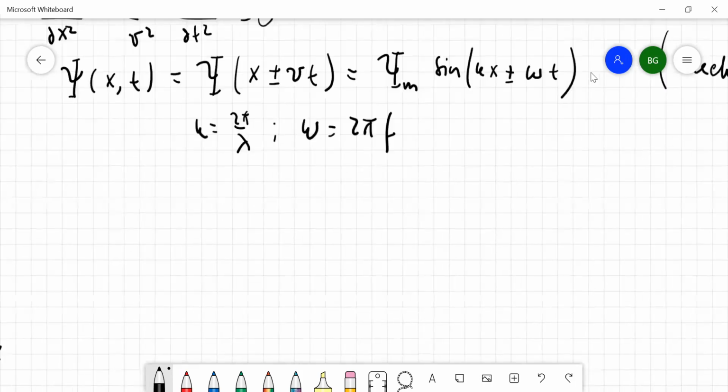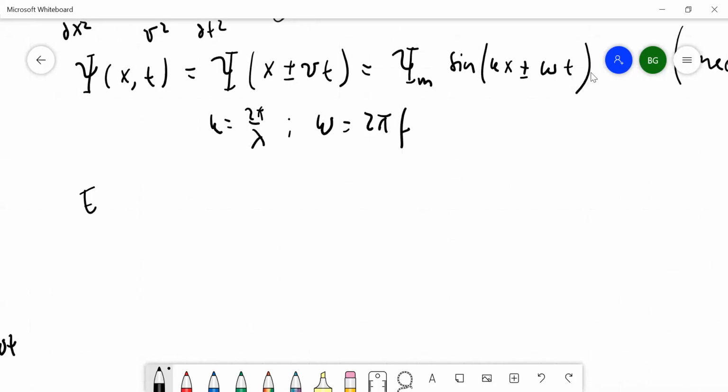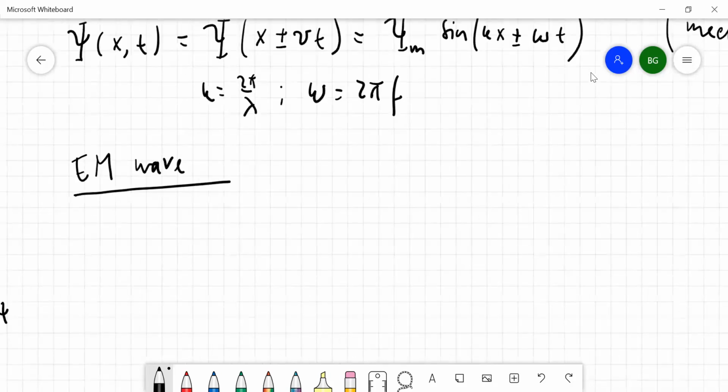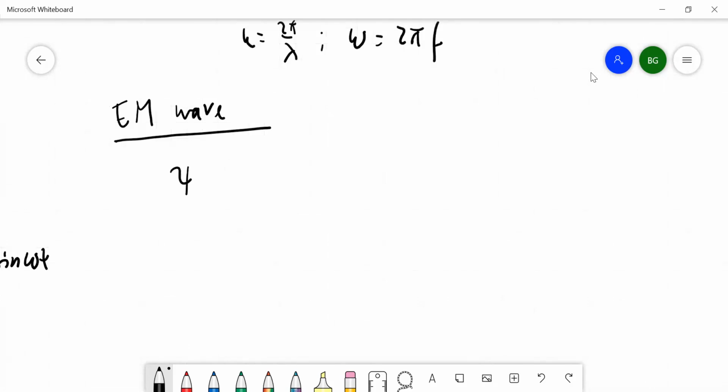So electromagnetic wave, so we just replace this C by, for example, I took E, the vector, this is the electric field, okay? This electric field, we call it this E0 or EM.